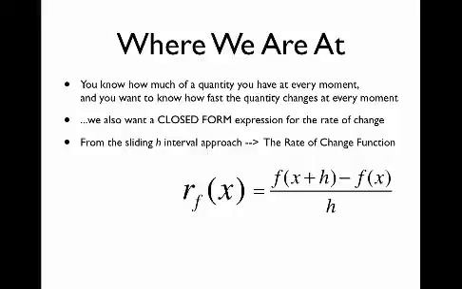Let's see. Where's Changwei? So where in that expression do you see represented that you know how much you have of a quantity at every moment? What about this is that? What is it?